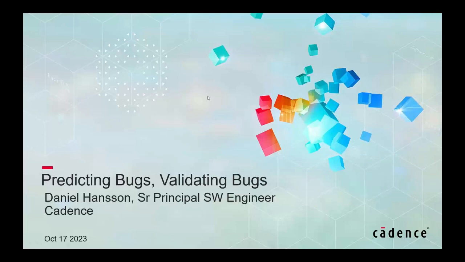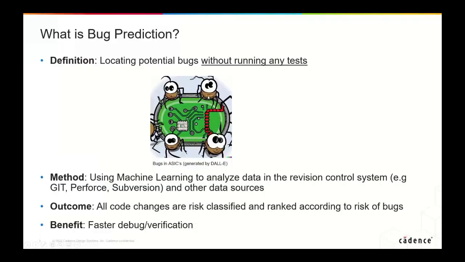Okay, thank you. I'm going to talk about bug prediction. I actually talked about bug prediction two years ago, so I'll also give you a little bit of an update. We were acquired by Cadence, and we're now part of their tool chain. Anyway, what is bug prediction? The definition is to locate potential bugs without running any tests.